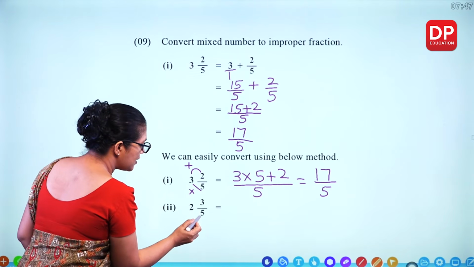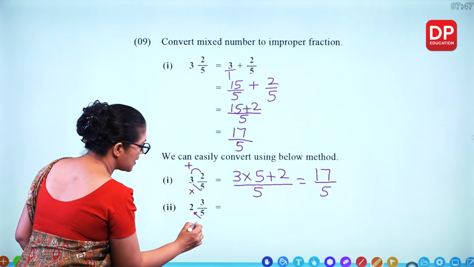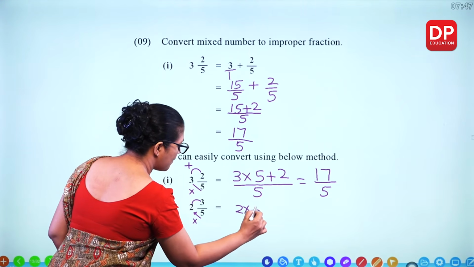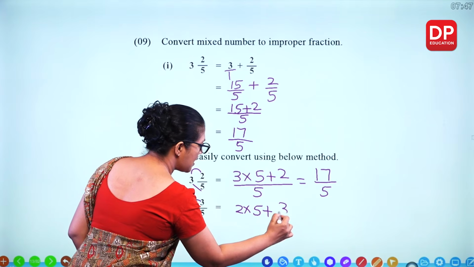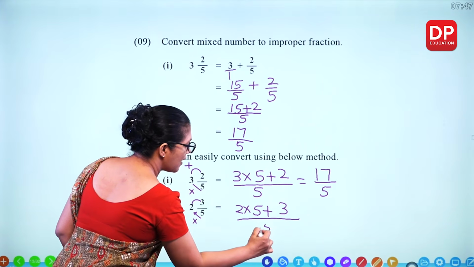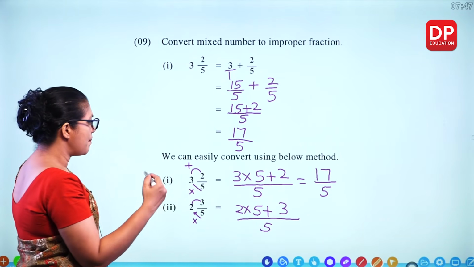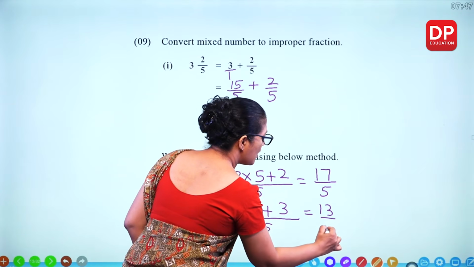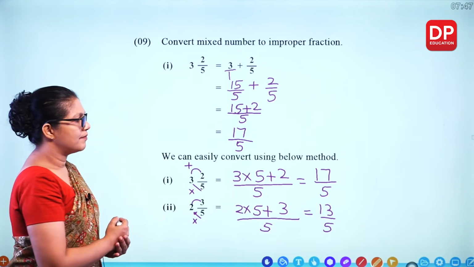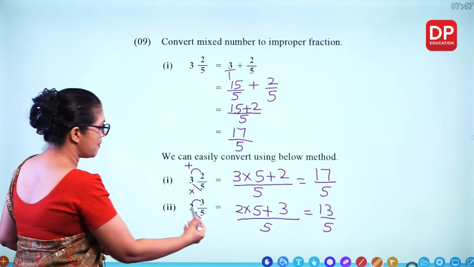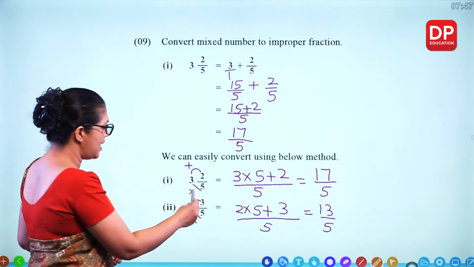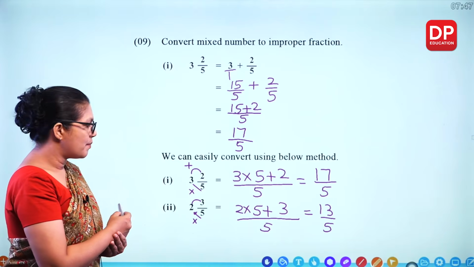How can you convert this one? You multiply this and add. 2 times 5 plus 3 over 5. So 10 plus 3, 13 over 5. So what's the method? You multiply the whole number by the denominator and add the numerator.